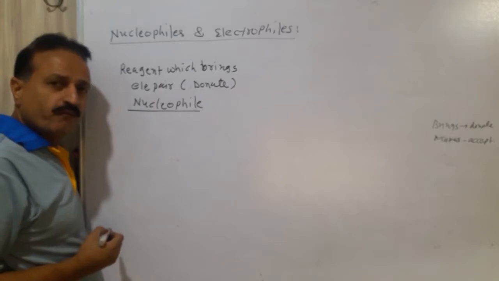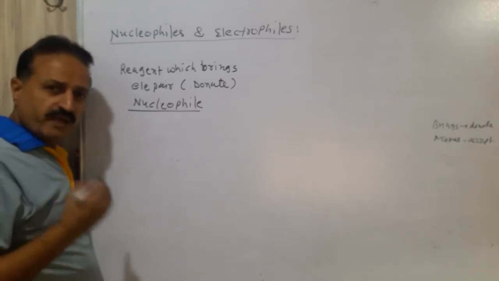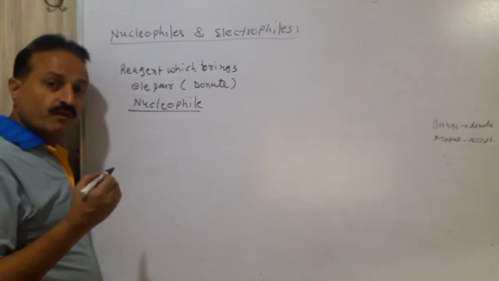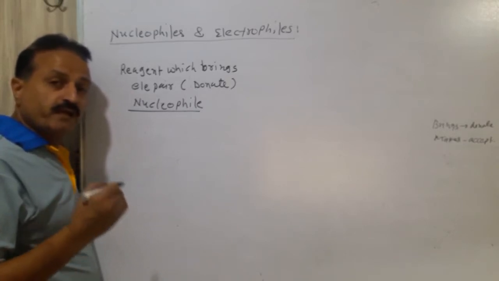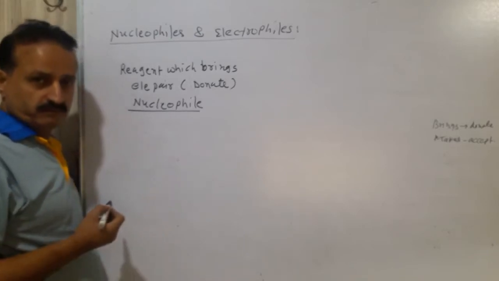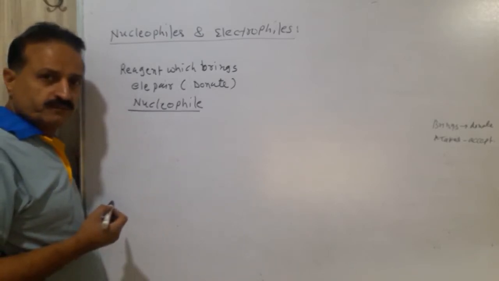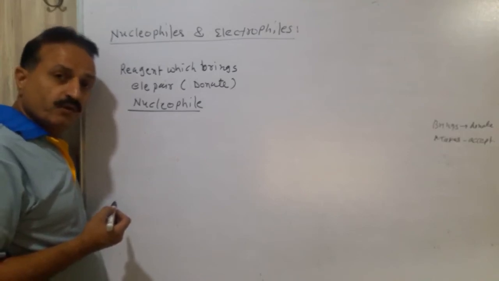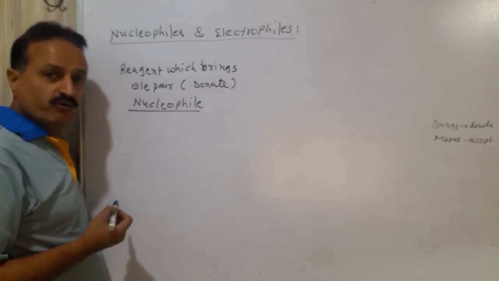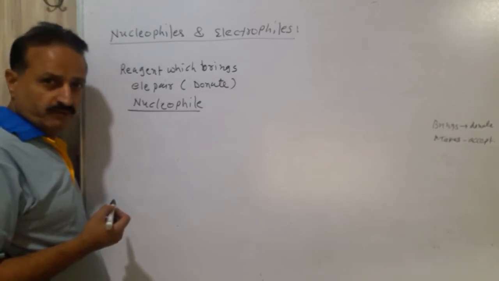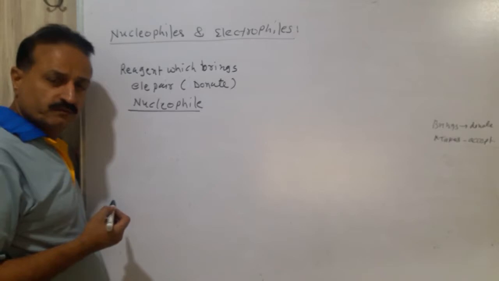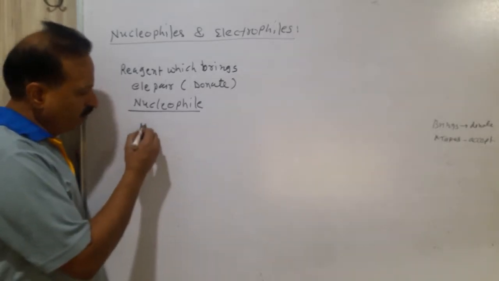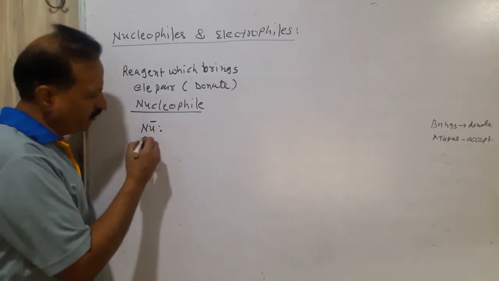Try to understand my word. The reagent which brings, means which can donate electron pair, is known as nucleophile. Nucleophile is attracted by nucleus. Nucleus is positive, so nucleophile must be negative, and nucleophile must have electron pair.